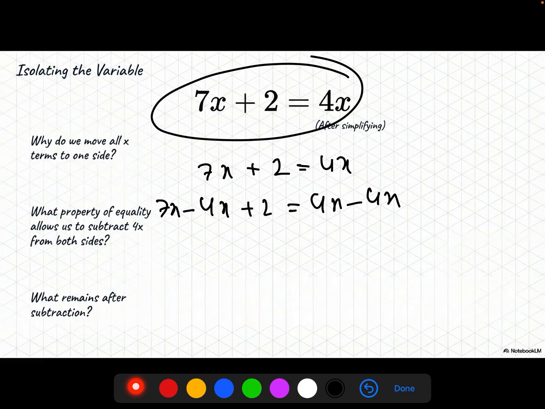That's the subtraction property of equality. Whatever you subtract on one side, you subtract from the other side.